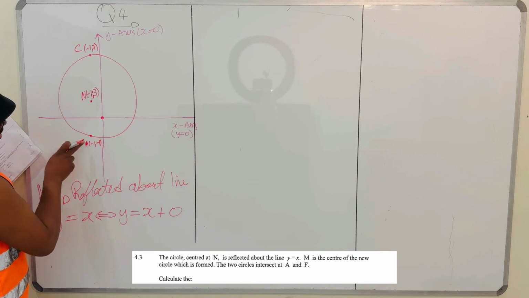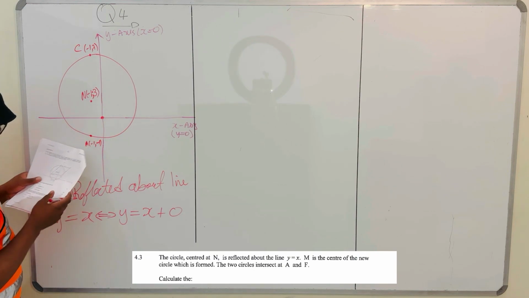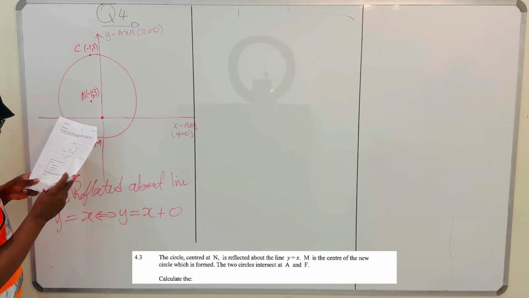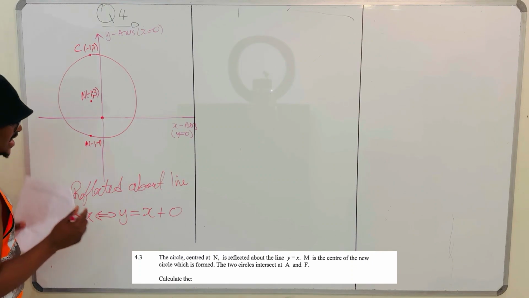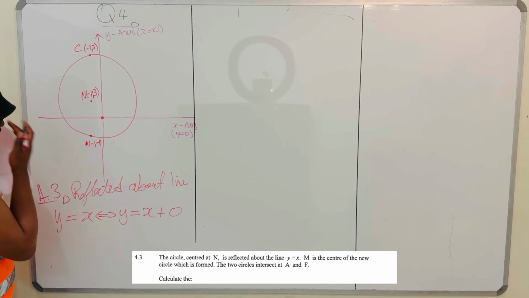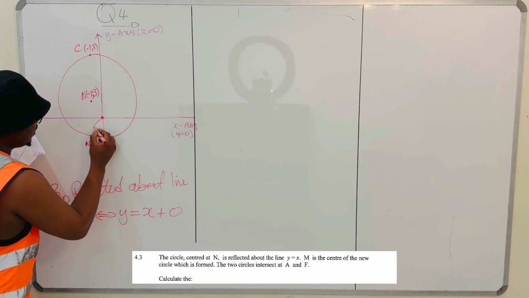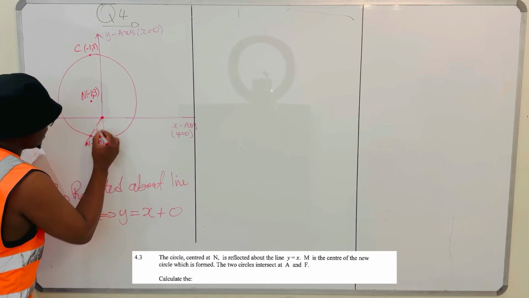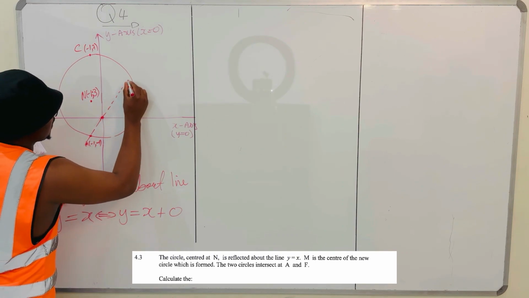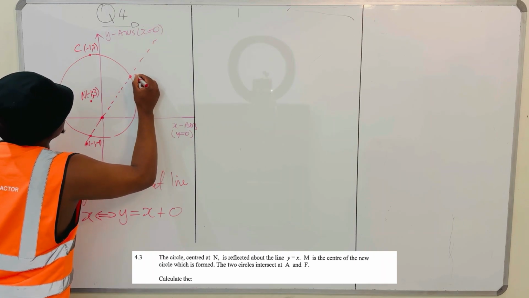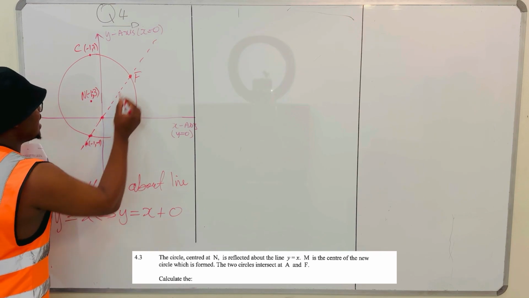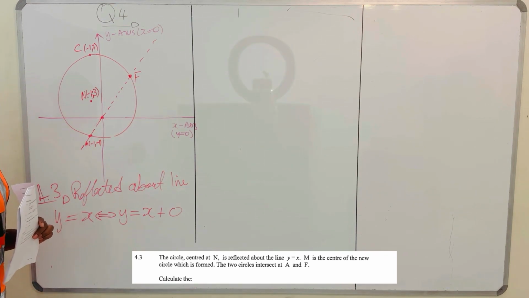And they're saying the circles intersect at A and F. So what that means is you are reflecting about this line such that it passes through A and F. So here's your F somewhere here. So the points A and F are the points where your circles intersect.